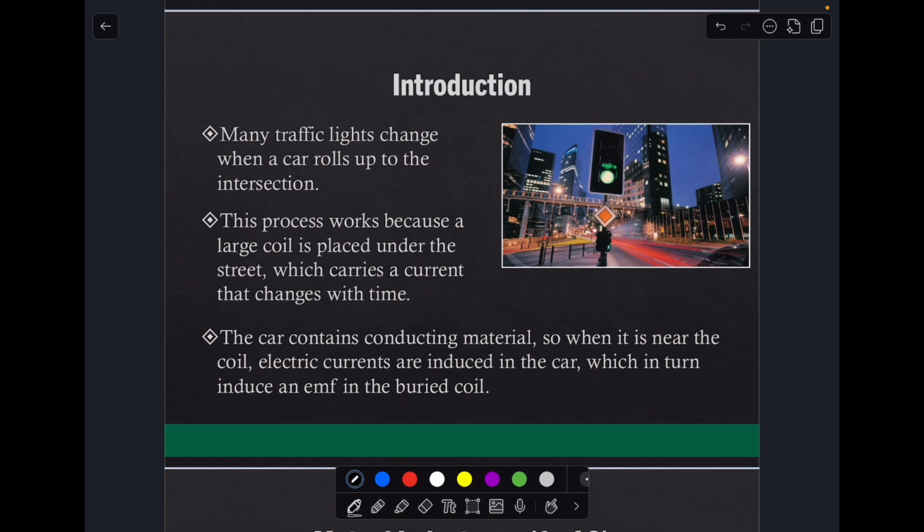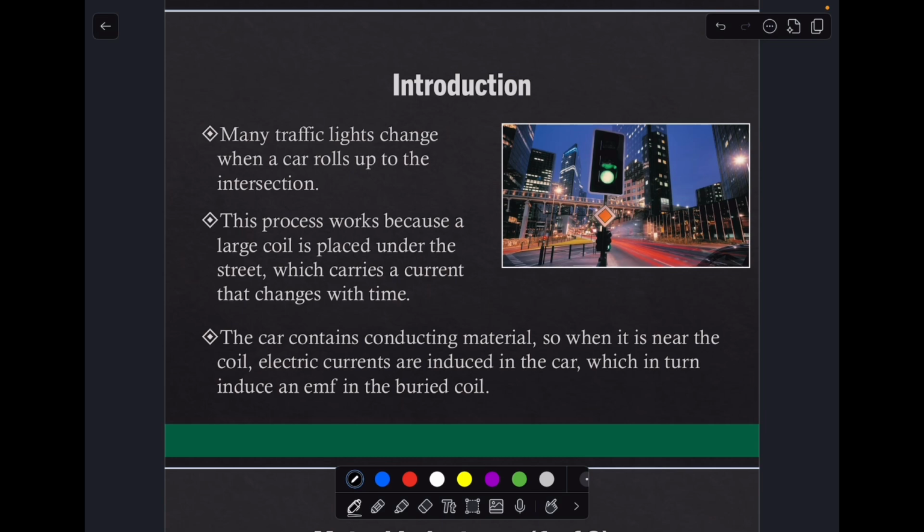And that magnetic field is going to enter your conducting car, create a change in flux, induce its own current, which then produces its own magnetic field that influences the circuit that is embedded in the asphalt.